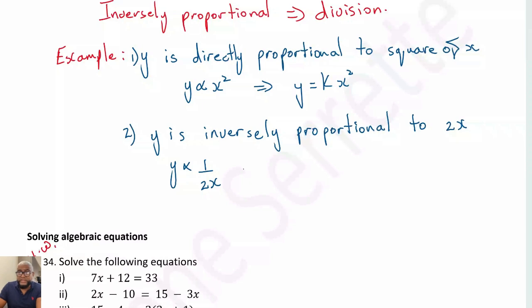This is how it's written, but this implies the formula y is equal to k divided by 2x. Okay, this symbol means proportional or varies.